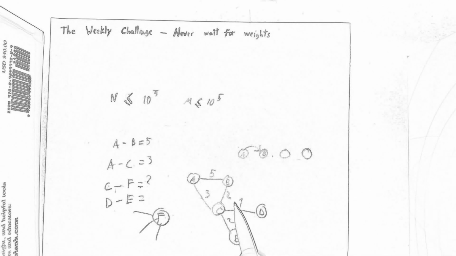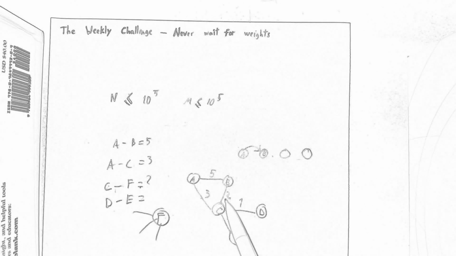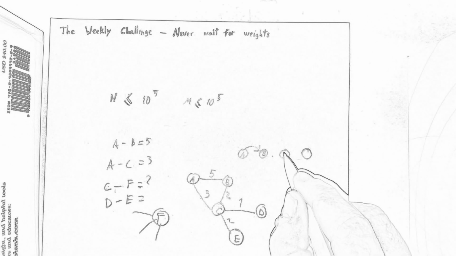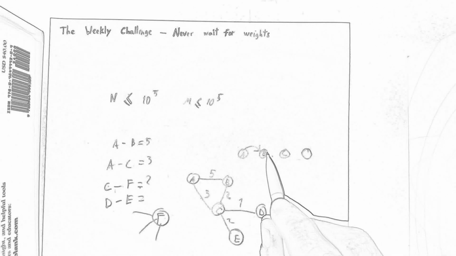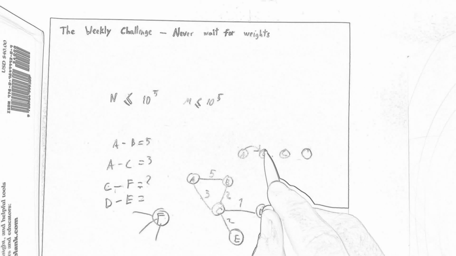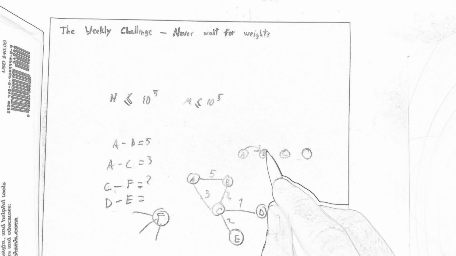And then if we want to add this other edge to our data structure, we may find the parent of A, which happens to be B, and then find the parent of C, which is C itself, and then make one of them the parent of the other. So we may either say that B is the parent of C or C is the parent of B. It doesn't matter.